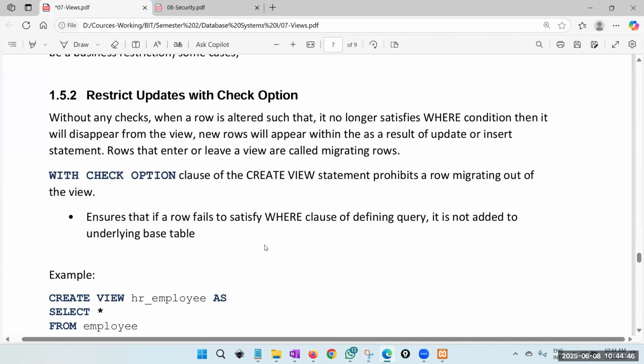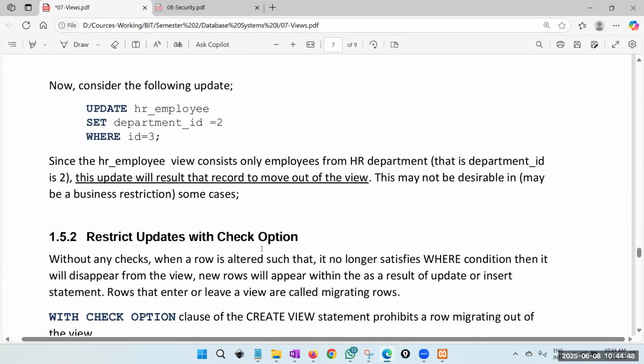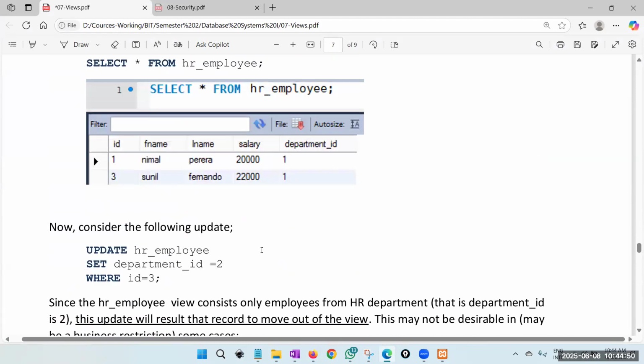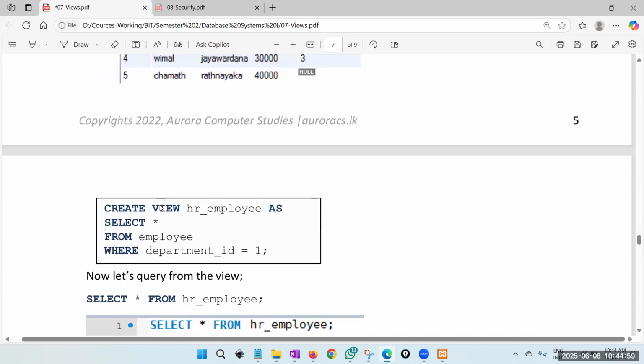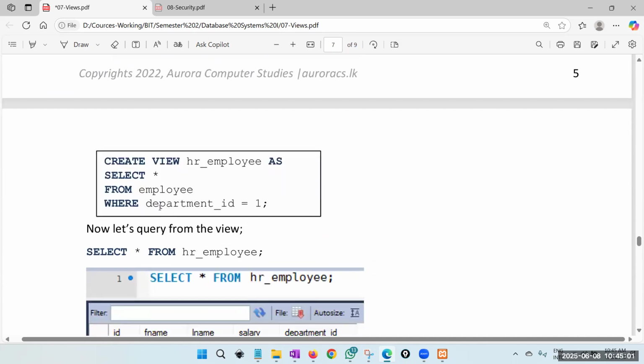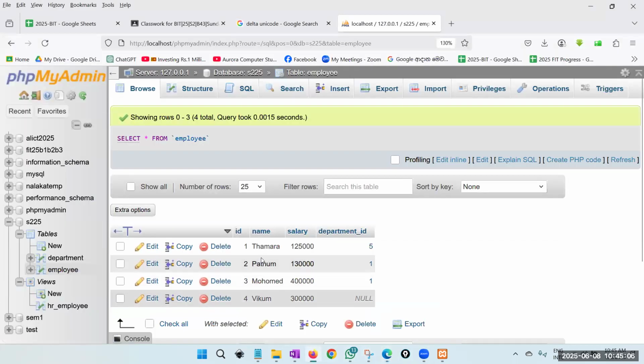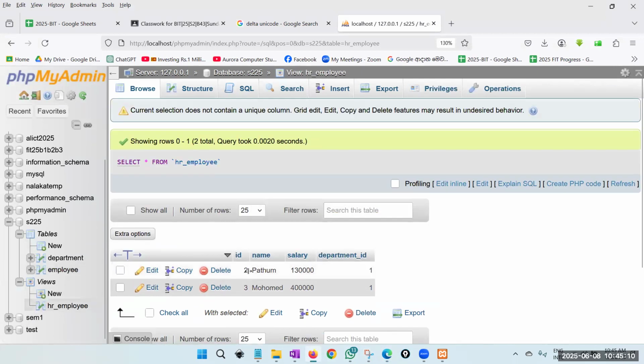Now something that can happen is when you change your view, sometimes your record can go out of the view. For example, this is my view. If I change the department ID of this employee, it will go out of the view.